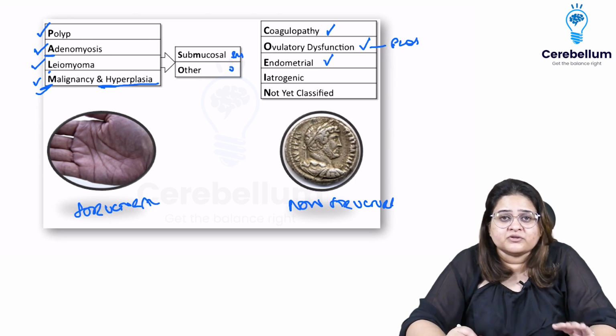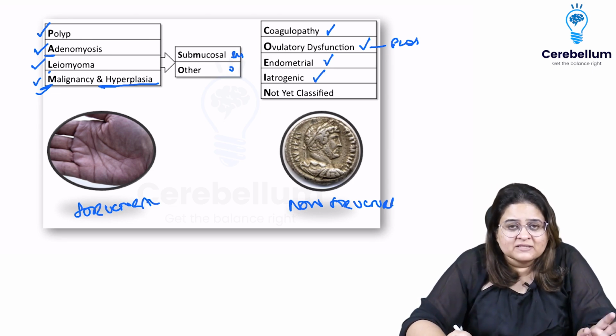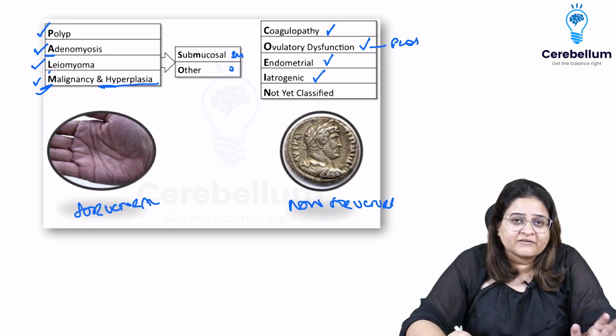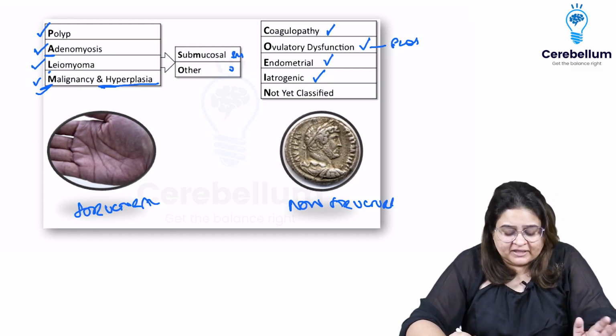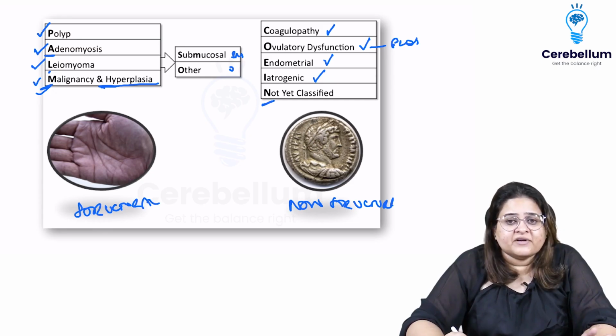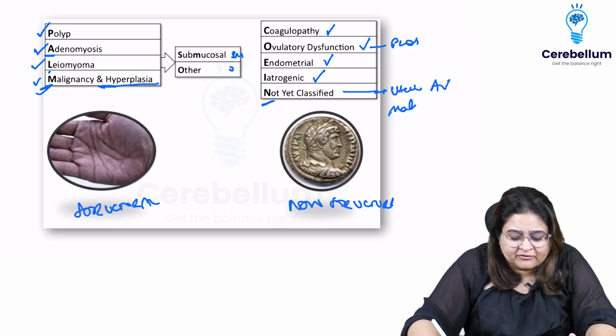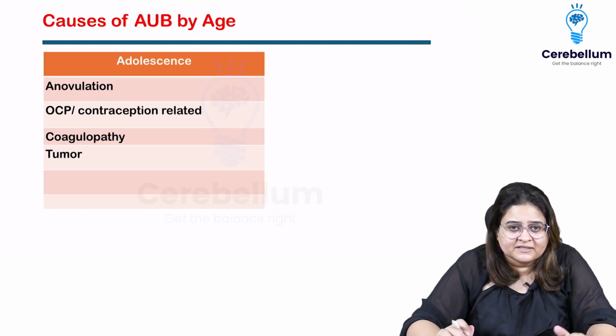Iatrogenic is because of some drug, say she's on warfarin, or you've put in a copper IUCD and she's having heavy bleeding. And N is not yet classified. There are some causes where you can't fit in anywhere. For example, a uterine arteriovenous malformation, which we very commonly see nowadays. You can't fit this anywhere, so you put this under not yet classified.